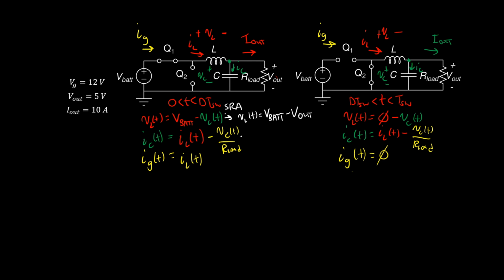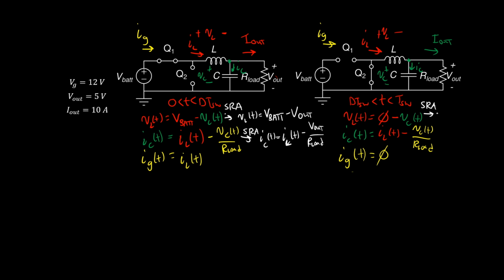Let's continue with this small ripple approximation. We can apply it to this equation as well. IC of T, again, we can't do it to IL, but we can do it to VC. So IC of T is equal to IL of T minus V out over R load. Again, this is in some sense the full signal, IL as a function of T. Over here, VC of T has an average of the output voltage, and there's some small ripple that we're choosing to ignore.